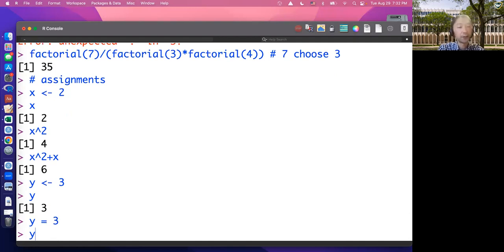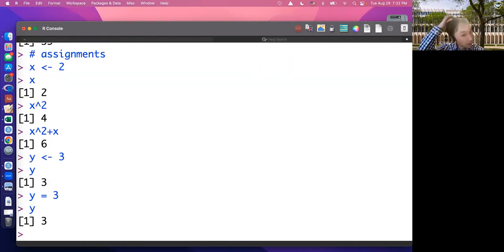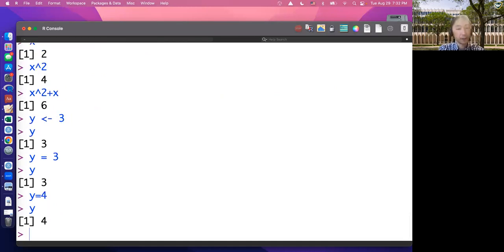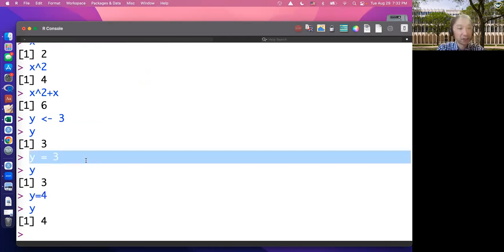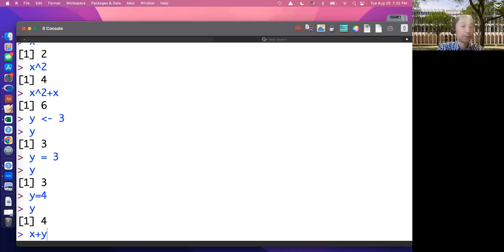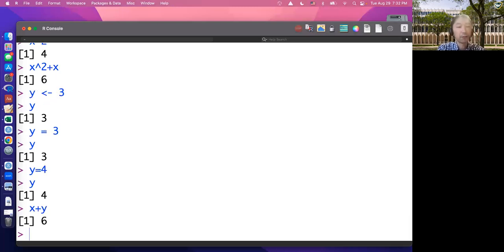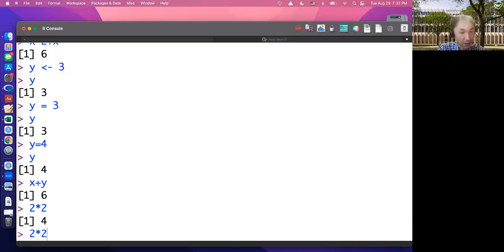So y is equal to 3, then y is 3. Y is equal to 4, y is 4, and so on. So it overwrites. Once you redefine it, the information y equal to 3 has been overwritten, so it's not in our session anymore. So you can calculate, for example, x plus y, or 2 times x.